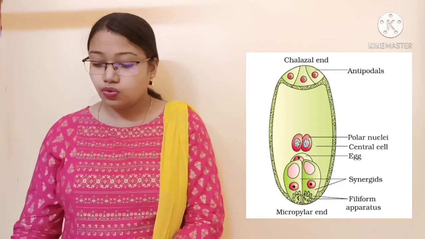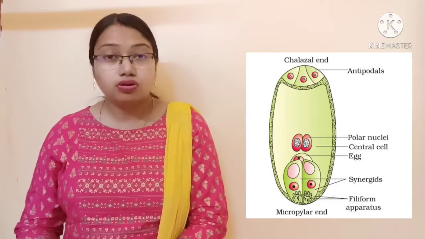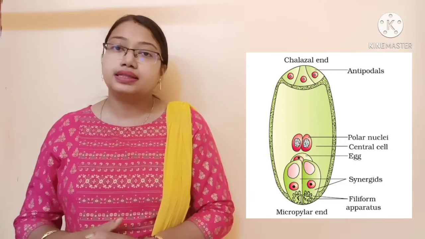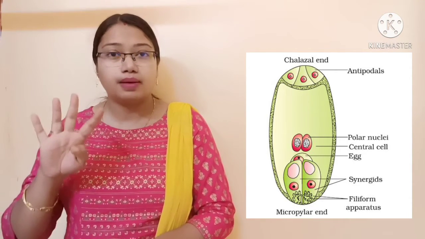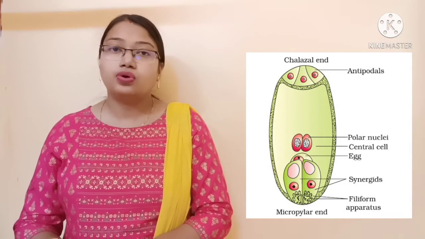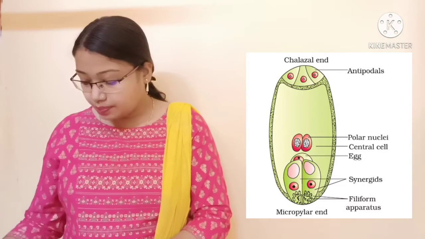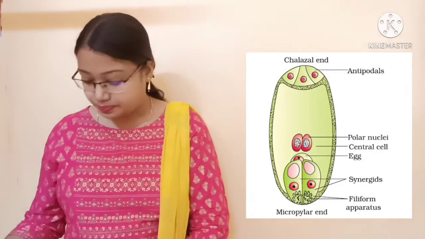Like the egg cell, the megaspore mother cell also undergoes meiosis, forming 4 haploid cells. Out of these 4 haploid cells, only 1 is viable, and the others are degenerative.